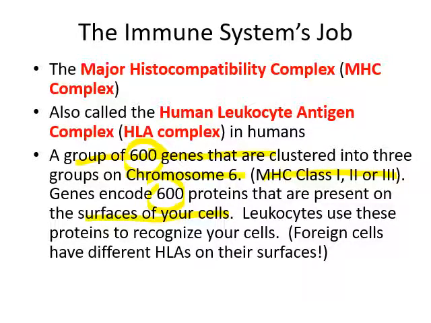The presence of these proteins allows T helper cells to recognize that any cell with those proteins on its surface is you and not a foreign invader, and should be left alone. If certain cells in the immune system encounter a cell that doesn't have those MHC proteins on the surface, it will say, this is not supposed to be here, this is not part of me, I'll destroy it. And so that's what they do.